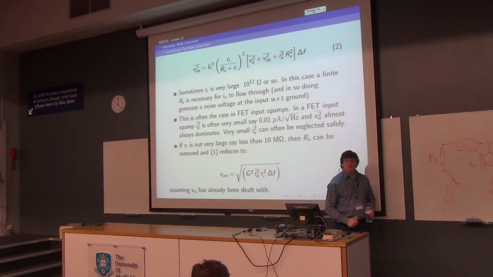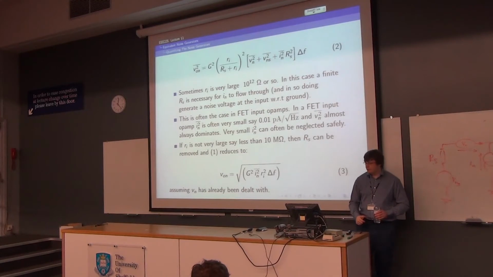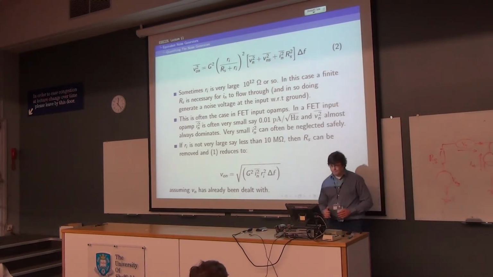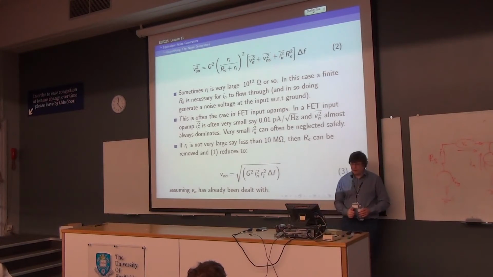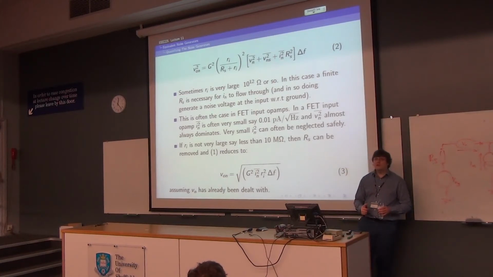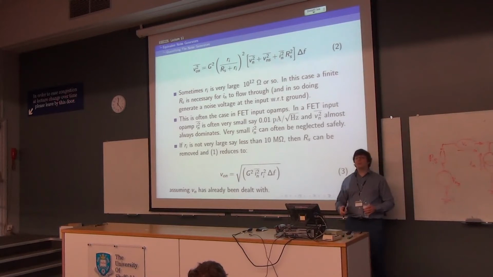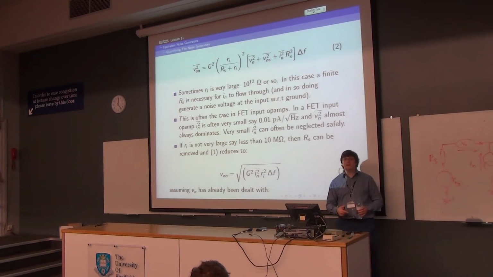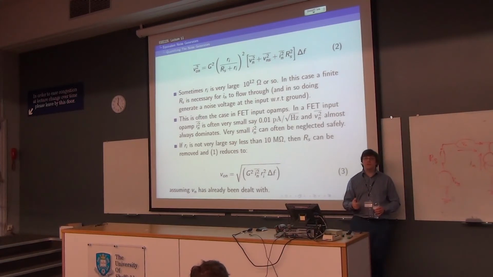Specifically MOSFET input amplifiers. And very large means a teraohm or thereabouts. If that's the case, you must have some Rs. Now you can never escape from the fact you've got some Rs anyway, but you've got to make sure that you know what the value is, so you define it somehow.